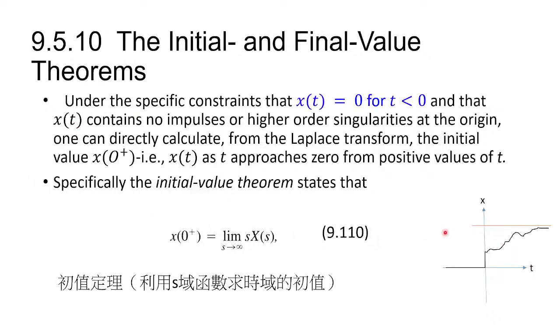This is quite a strong constraint, but if x of t looks more like it started at some random time t naught, then you can just time shift t naught to 0 and then apply your theorem.